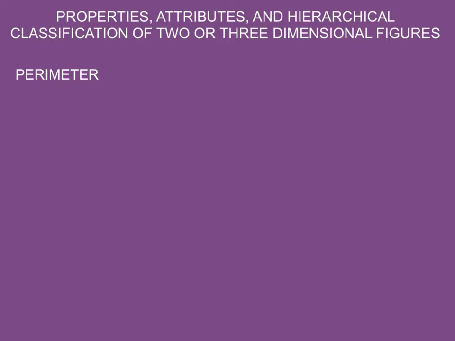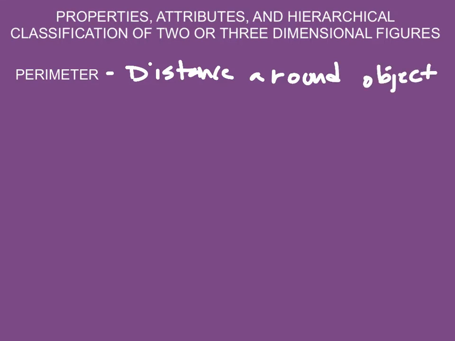Another concept that we need to talk about is the perimeter, and the perimeter is the distance around an object. So one thing that you can always do is just add up all the sides. But there's a formula for this.